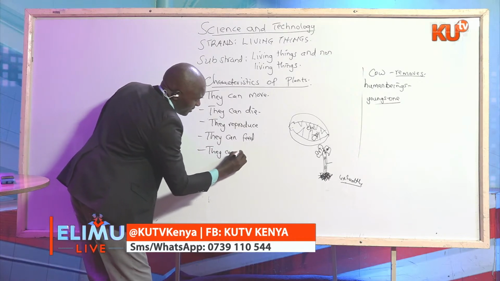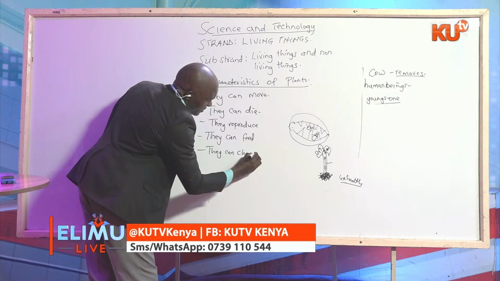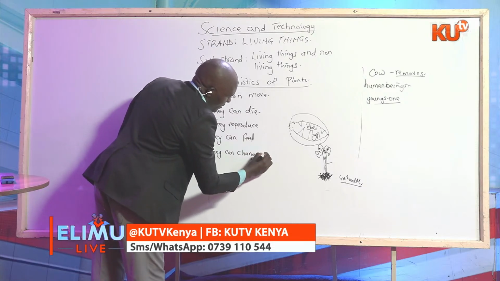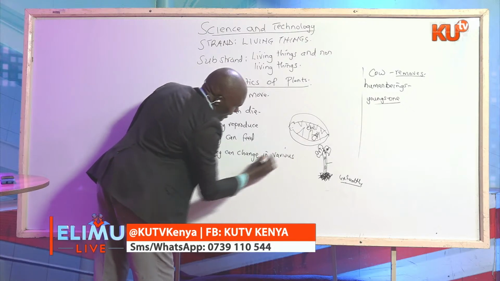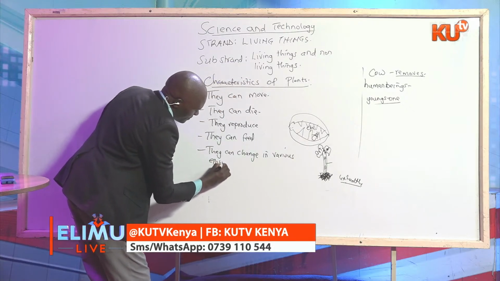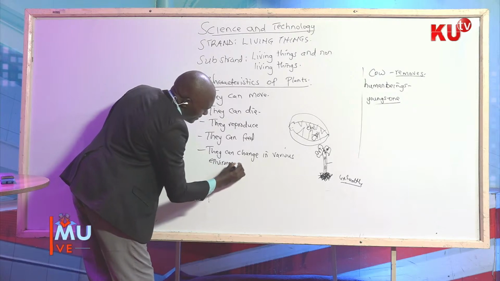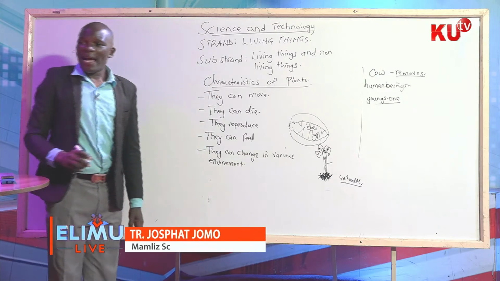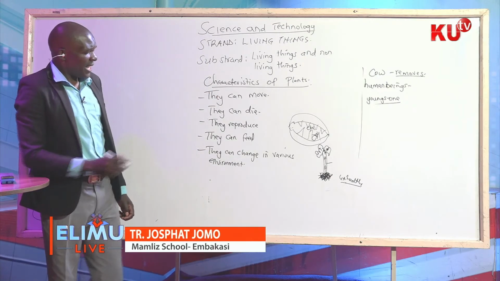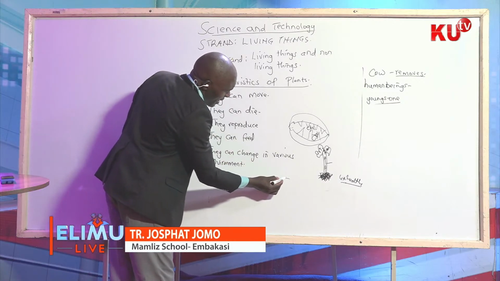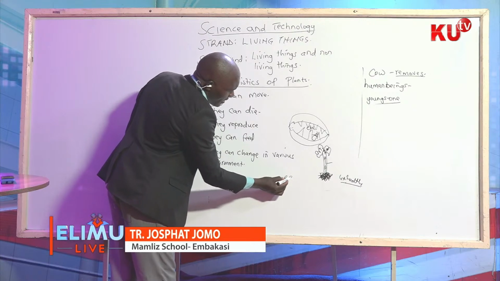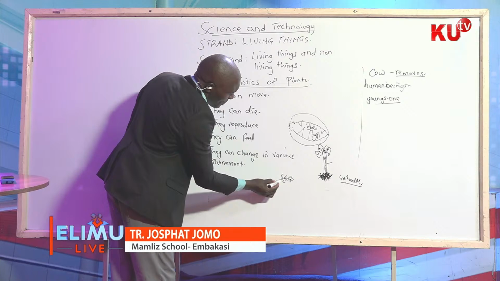Okay. We also have plants that can change. Plants can change in various environments. For example, we have a certain plant that behaves differently.